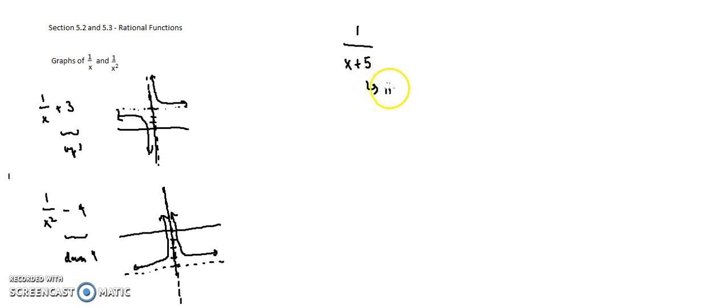So this is going to move us to the left by 5. So we draw our picture. We're going to go 1, 2, 3, 4, 5 to the left, and that's where we draw our asymptote. The asymptote stays on the x-axis for this one, and we're going to draw in the 1 over x picture. So that's an L-shaped piece here, and then an L-shaped piece diagonal from that.